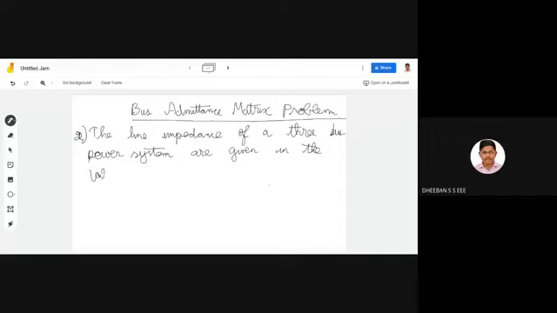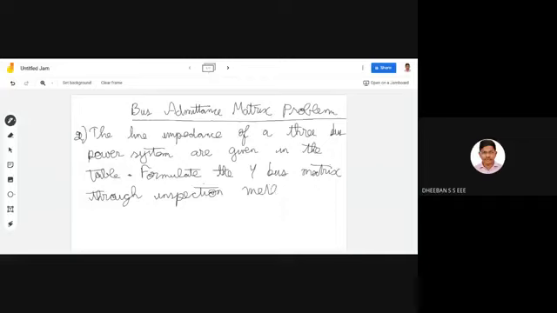It is needed to formulate the Y bus matrix through the inspection method.